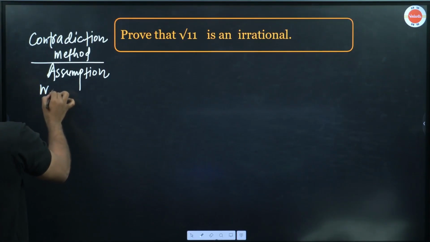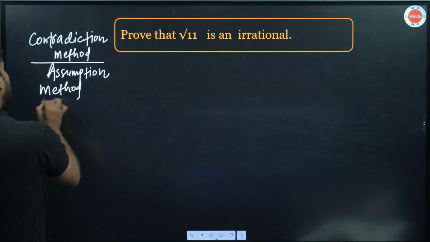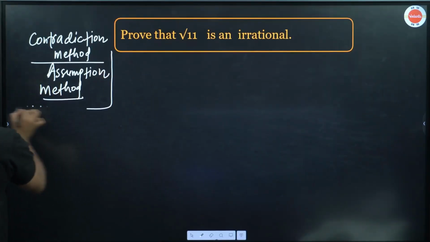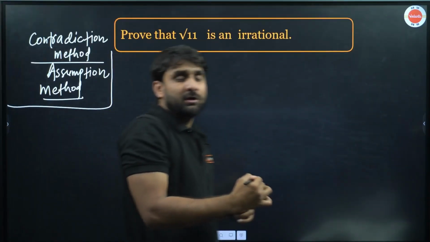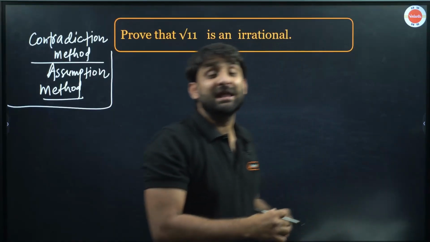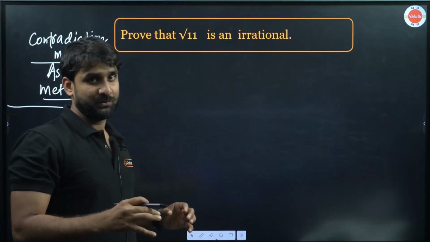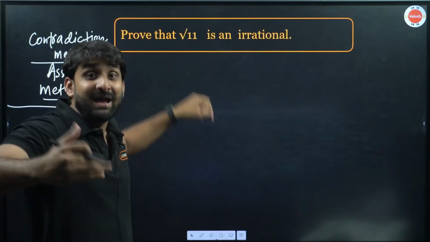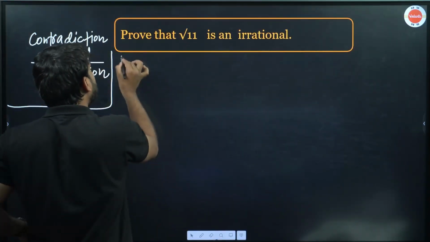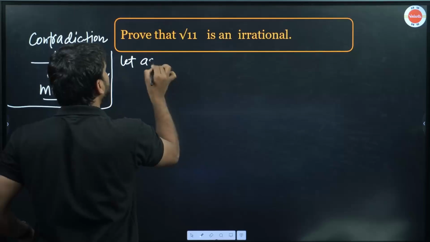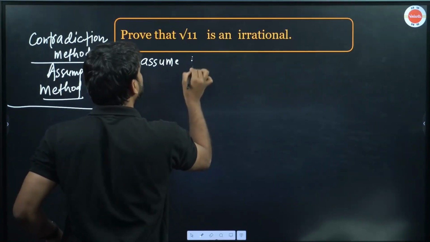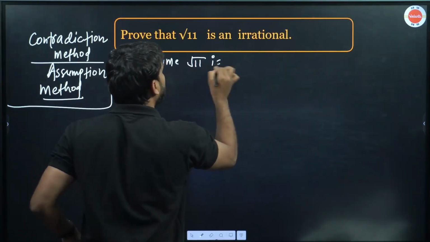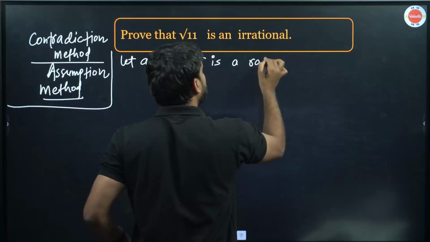And what is meant by the assumption method? My dear champion, here we will be supposing or assuming root 11 as a rational number. So let's assume root 11 is a rational number.